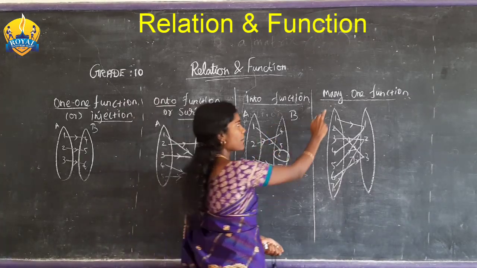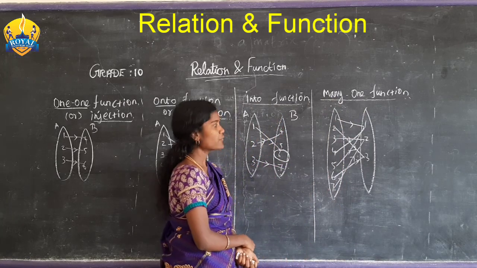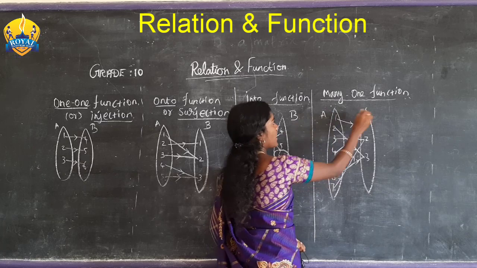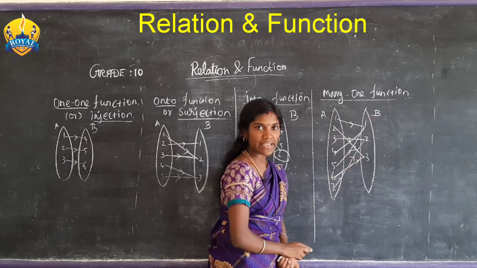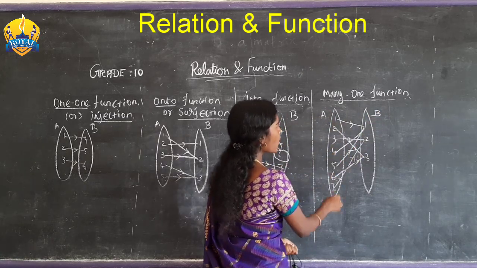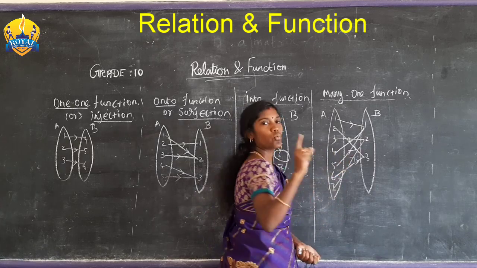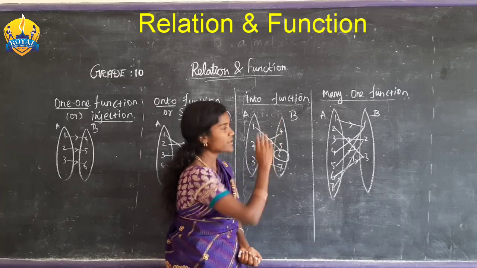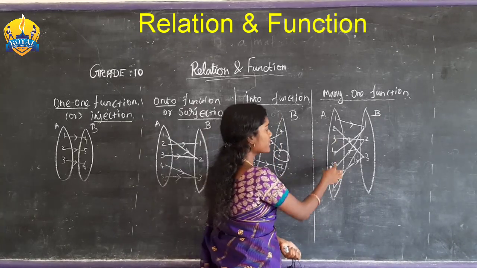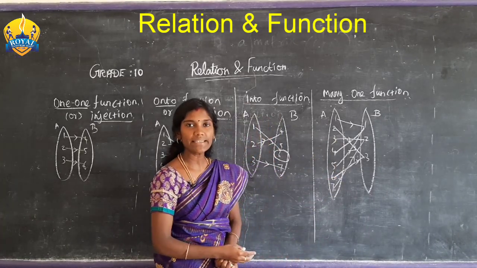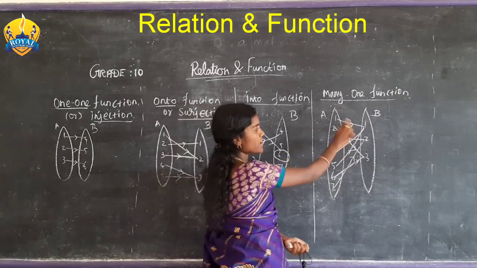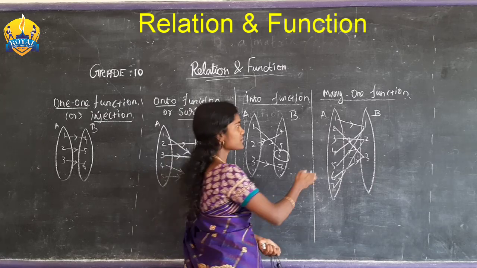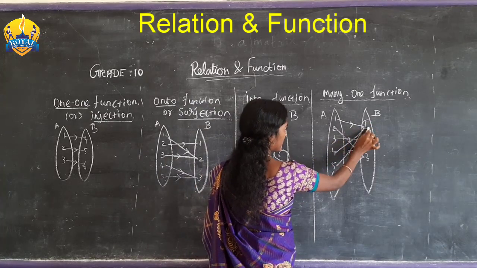Okay. The next is many-one function. Many-one function means in A and B, two non-empty sets, two or more elements have only one image in B. For example, here 1 is an image.